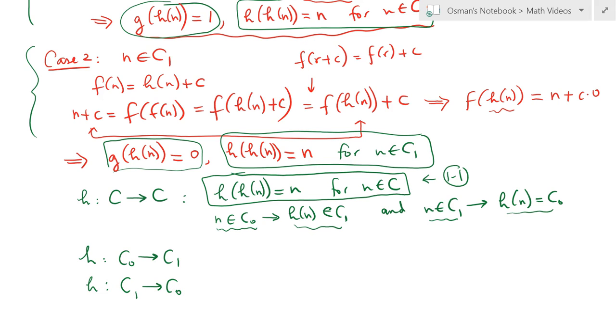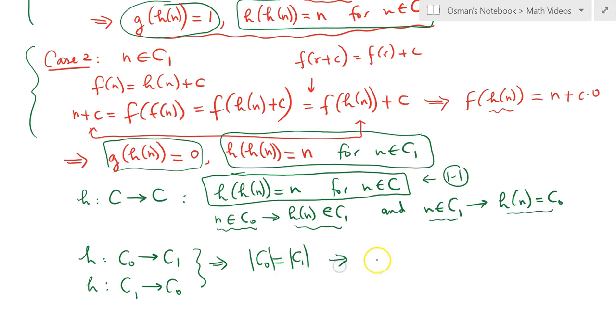So basically, because we are mapping these sets onto each other, and the function h itself is one-to-one, this immediately should imply that C0 and C1 should have the same number of elements in them. But there's only one explanation for that, right?